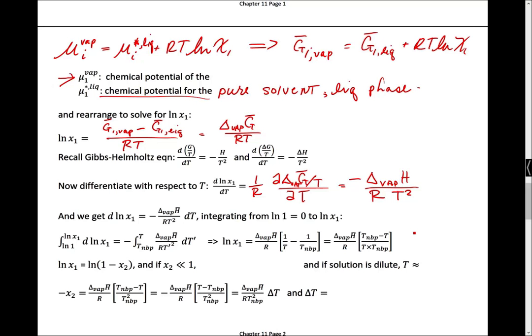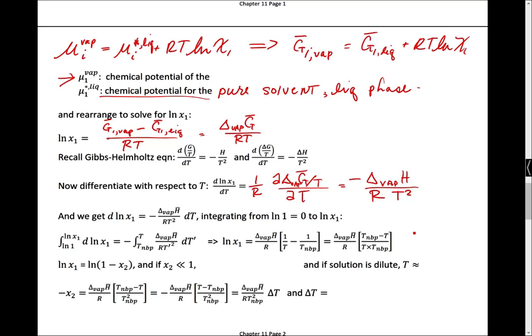That was a substitution of this in for this. And then I can say, now I've got this expression, so I can multiply both sides by dT. I have d ln x1, and then this expression times dT.